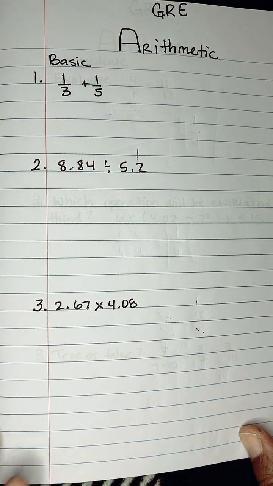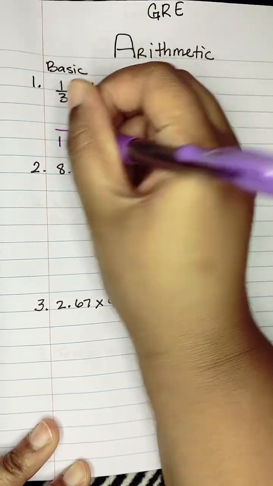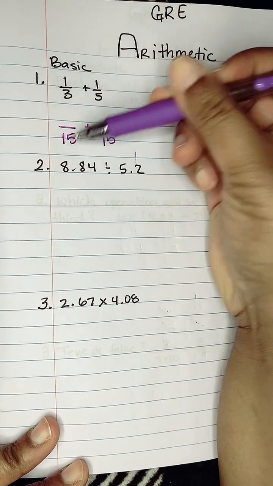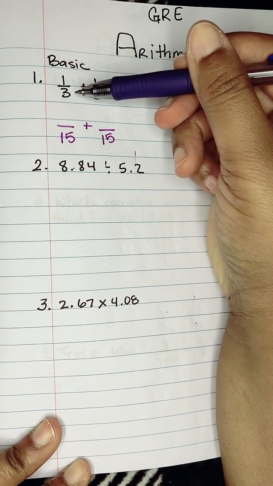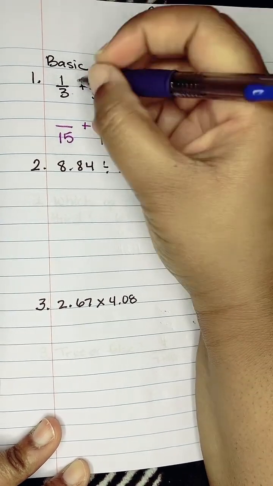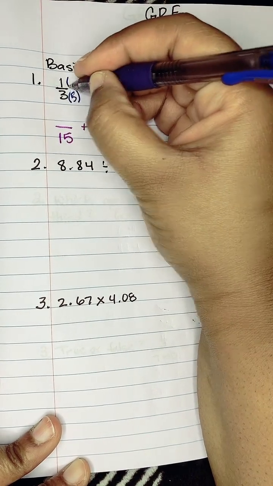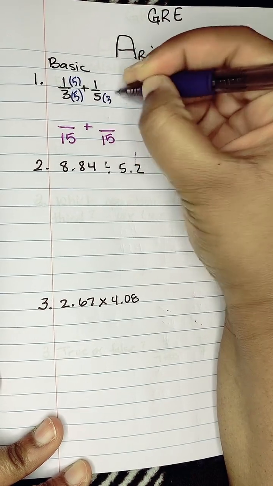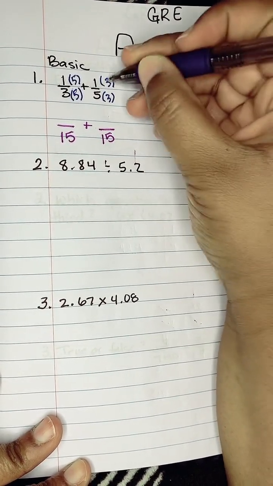15. Good. I see those 15s coming in. Beautiful. So if we put 15 here, and we put 15 here, then we have to go back up and ask ourselves, 3 times what will get us 15. Well, 5. But what we do to the bottom, we have to do to the top. And then 5 times 3, same thing.